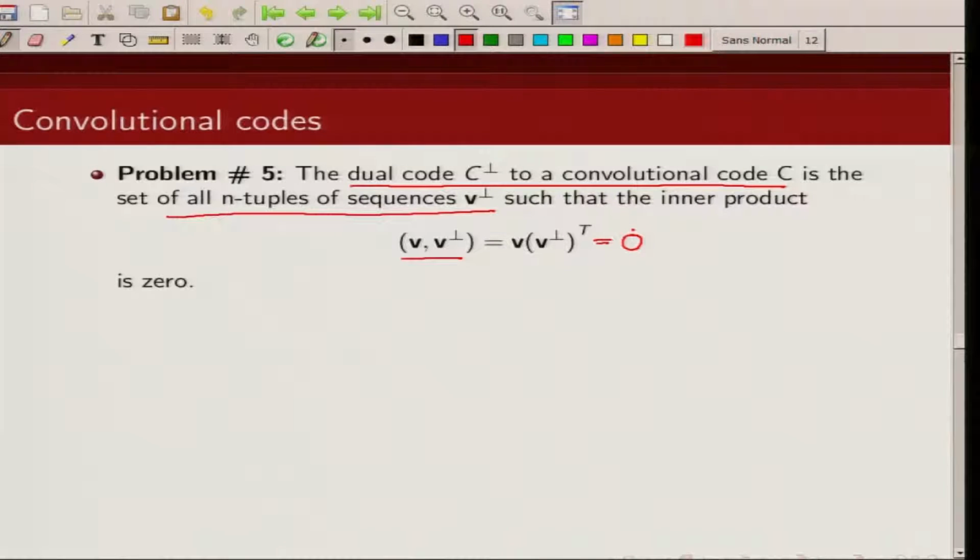So, if you have a dual to the original convolutional code, then if you take n-tuple sequences from the original code and the dual code, their inner product will be 0.